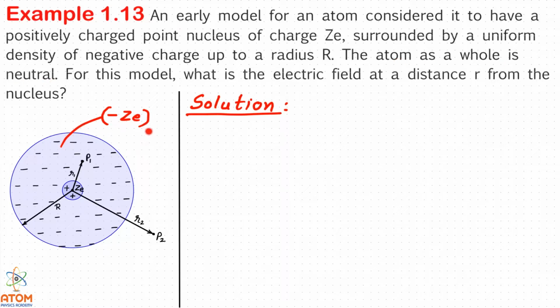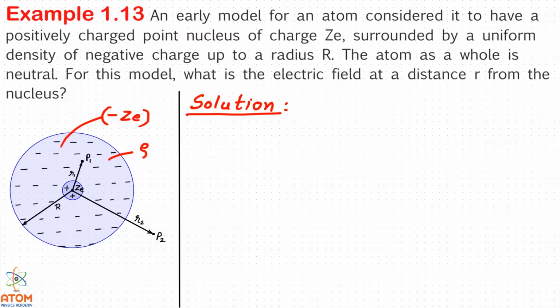So this can be minus Ze. So amount-wise the charge is Ze. And also we can say the uniform charge density is rho. The negative charge around the nucleus is uniformly distributed. That was the model, and so we can take here the volume charge density rho.